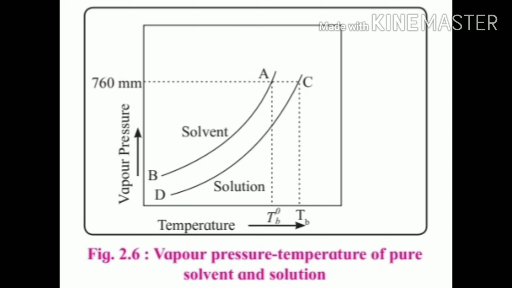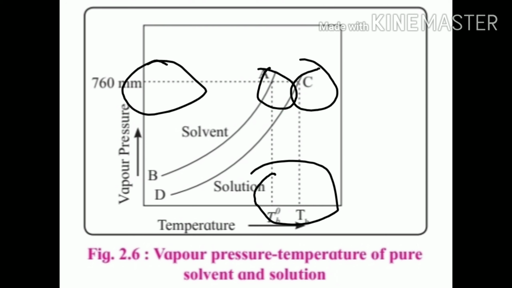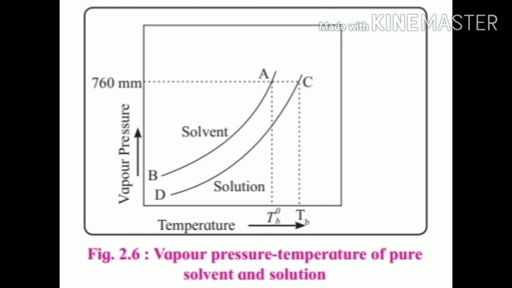The vapor pressure temperature curve for the solution lies below the vapor pressure temperature curve for the solvent, that is AB. Now, if you look at the point of intersection for AB and CD on the y-axis, that is at a pressure of 760 mm, and if you look down there on the x-axis, then that represents the boiling point of the solvent and the solution.